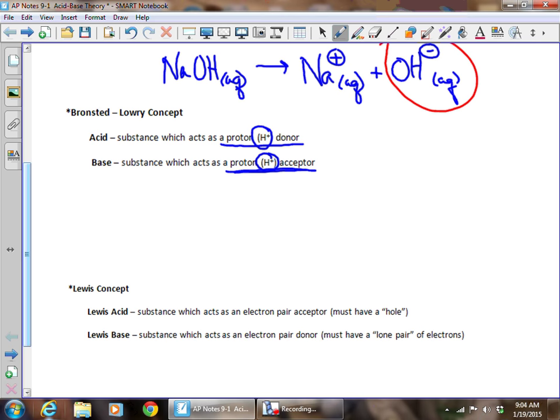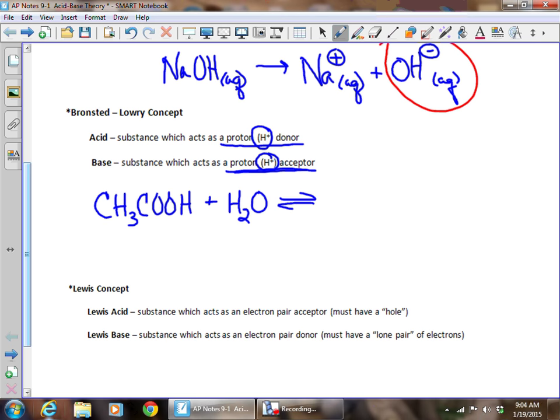So with the Bronsted-Lowry concept, we have to talk about not only an acid, but also a base. There's always an acid and a base reacting. So in the case of acetic acid, we will treat water as the base. Since acetic acid is a weak acid, it does not react completely. It actually enters an equilibrium state, and therefore we use the equilibrium arrows.